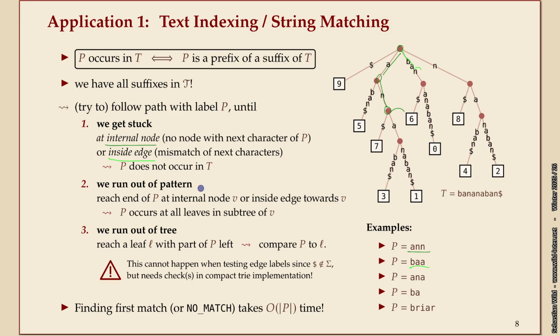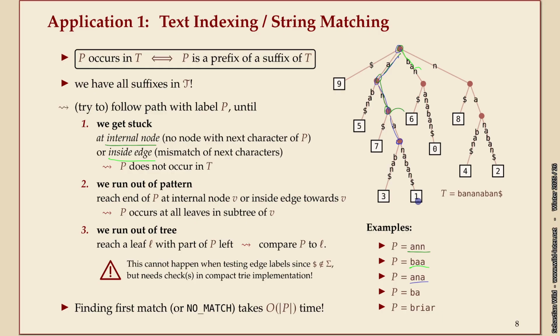Another option of what can happen is that we run out of pattern. So we've read the entire pattern, but we're not at a leaf yet. That could be this one. So you start here, you read A and A. And we're stuck at some internal node, and that's a case where the pattern occurs, namely in all the leaves that are below this point.